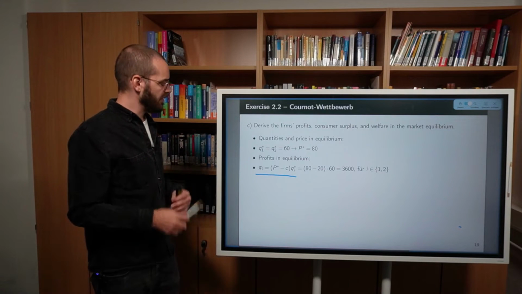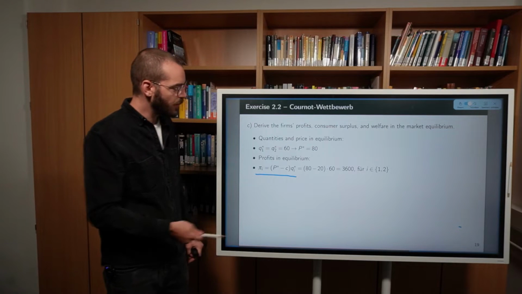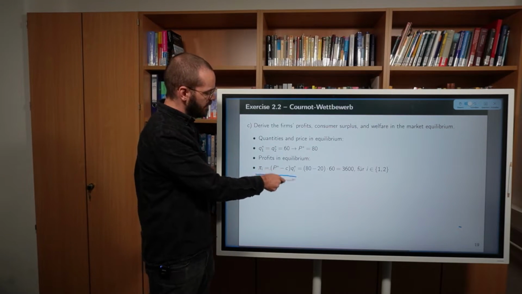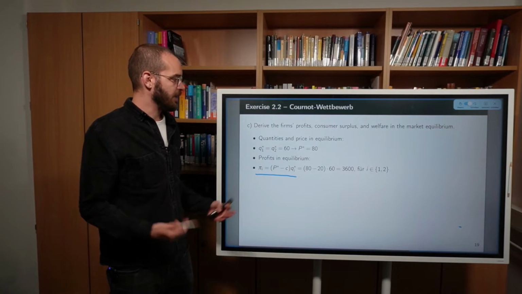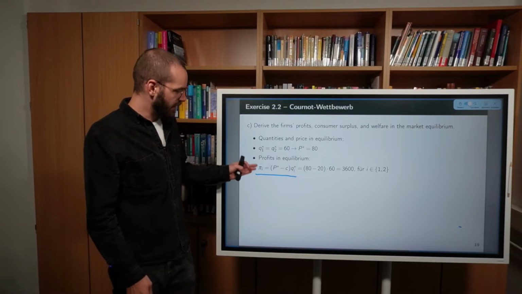If we now plug in all the numbers, the equilibrium price is 80, the marginal cost is 20, that was just given in the assignment, and the individually produced equilibrium quantity is 60, then we can calculate the profits for each individual firm, which is 3,600 in this situation.